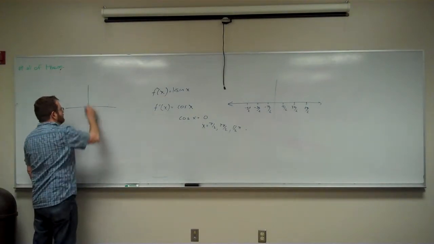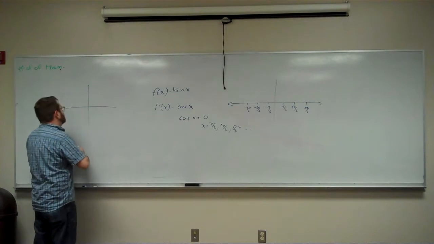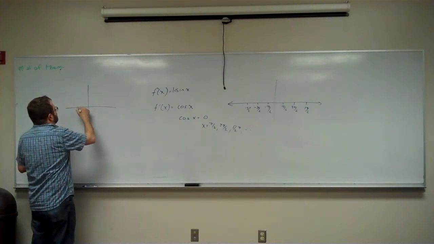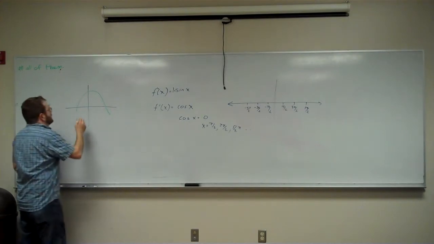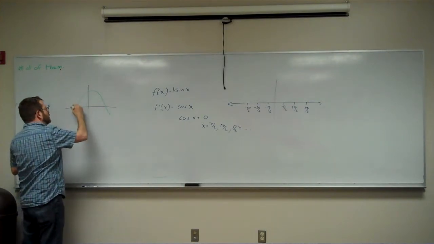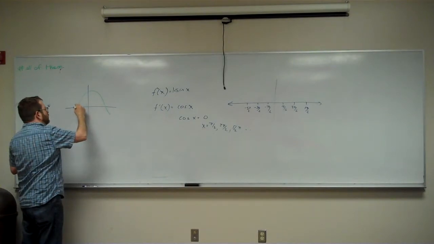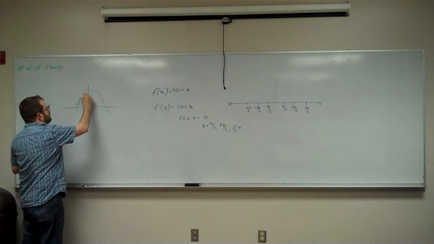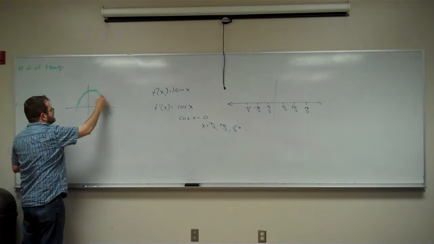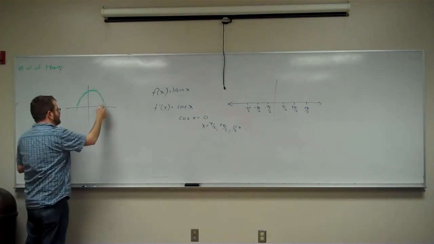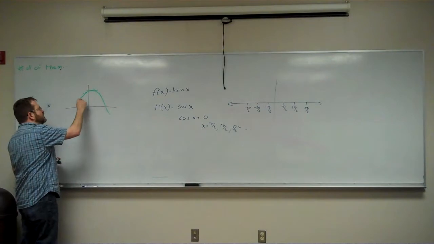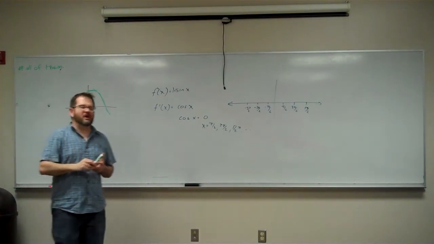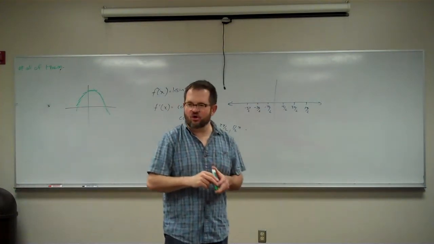Let's think about what a maximum looks like. It's a place where the slopes were positive, they became 0, and they got smaller, and they became negative. In other words, the slopes were changing. We need to figure out the change in slopes.